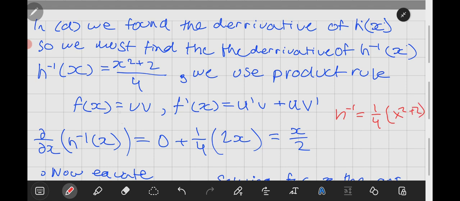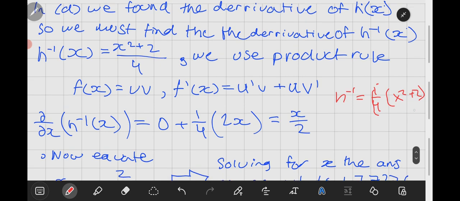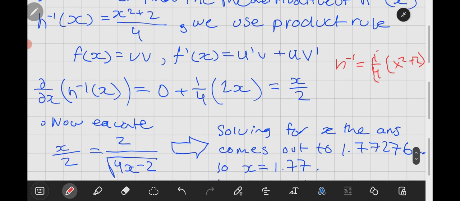Where the product rule states that for f of x equal to uv, the derivative of this function would be equal to the derivative of our first term times the second, plus the first term again times the derivative of the second term. Now our first term is a constant, so the derivative would just be 0. So the derivative simply becomes 0 plus 1/4 times 2x, which is just equal to x over 2.